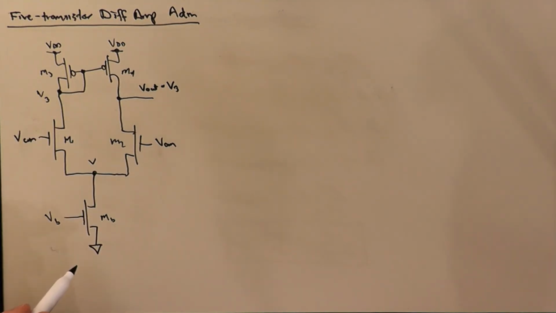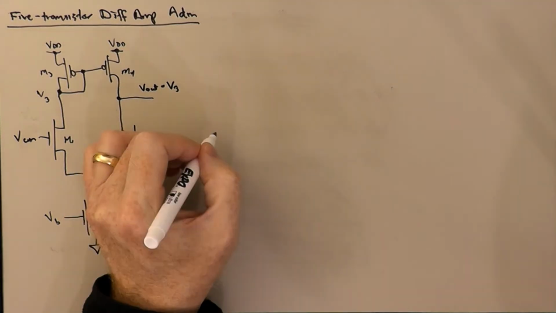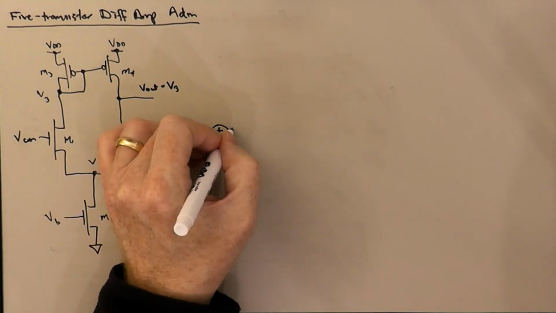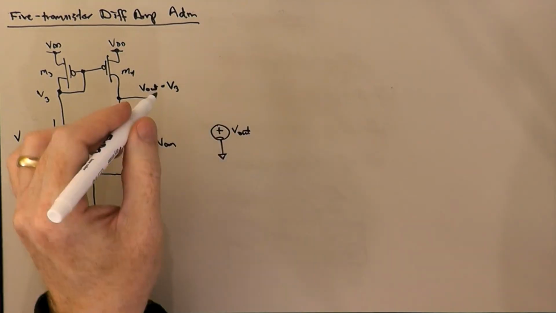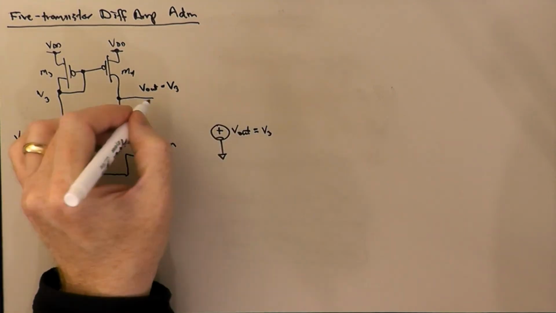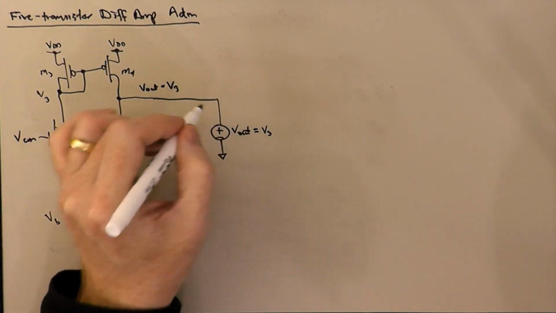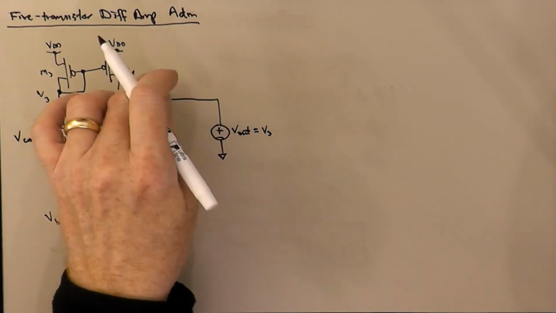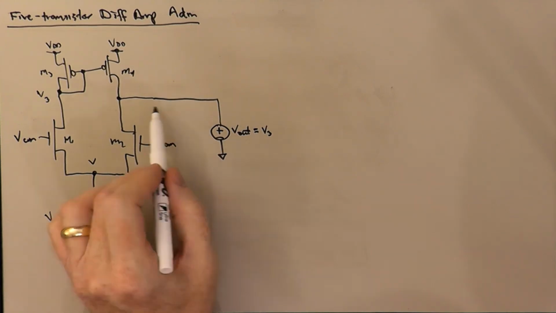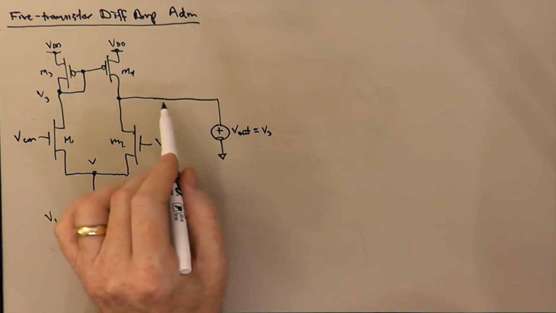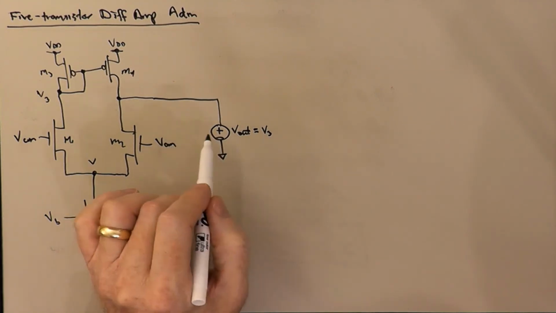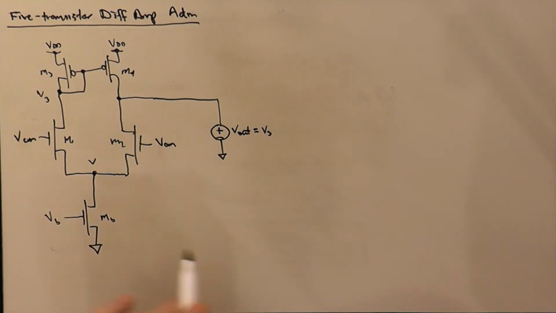What we're going to be interested in doing is applying our auxiliary voltage source to the output to hold the output voltage fixed. And we're going to pre-adjust this so that it is exactly equal to the quiescent V3. So that when we connect it up to fix the output voltage, there should be no I-out flowing out of the circuit, no exchange between this test voltage source and the circuit.